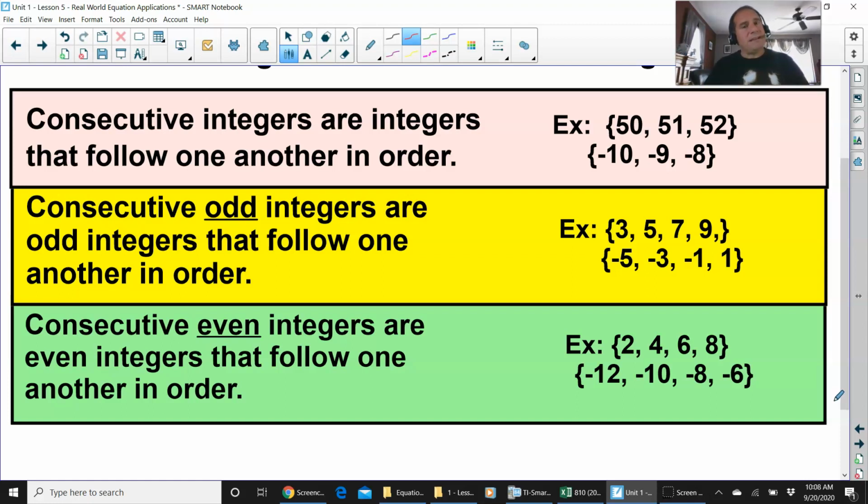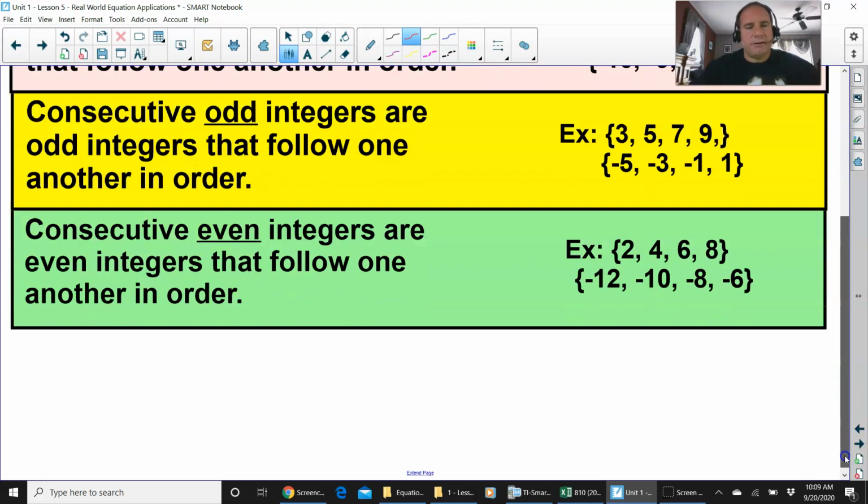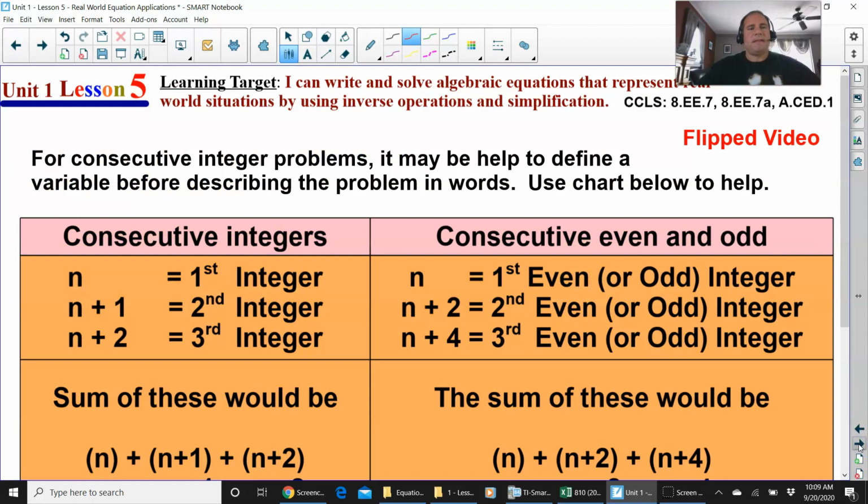And they follow in order, and even with negatives is -5, -3, -1, and then 1. Consecutive even, same thing, but now they're even numbers. So if it starts at 2, the next even integer is 4, the next is 6, the next is 8. And then same thing with negatives, -12, -10, -8, they follow one another.